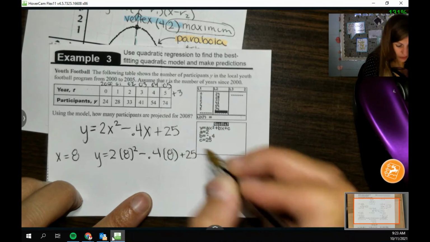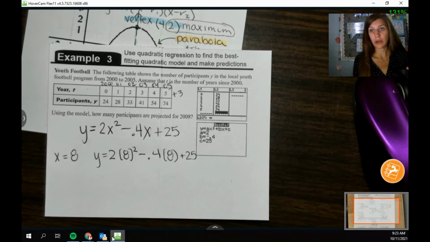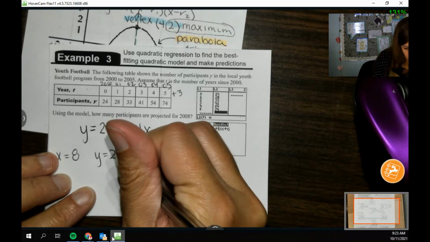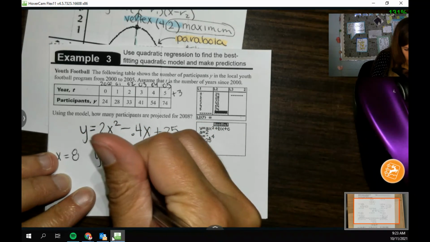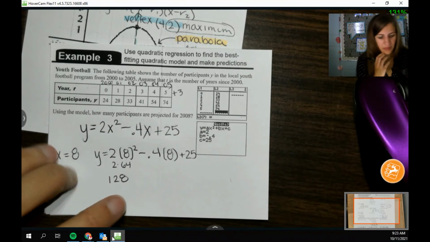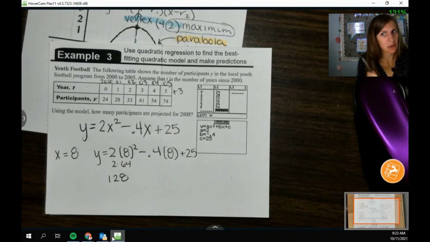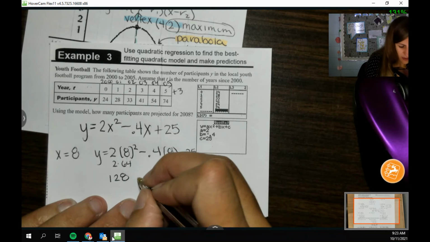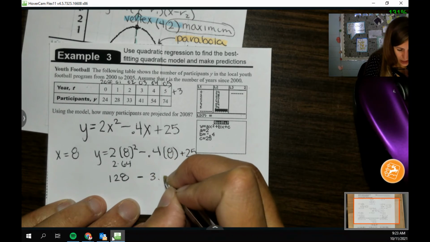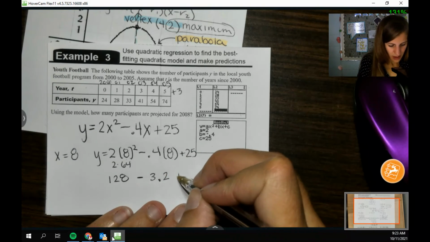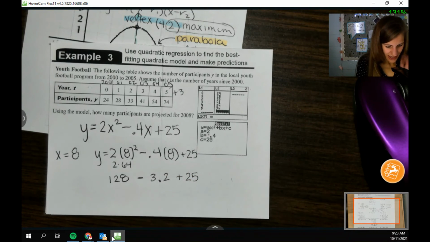Oh my gosh, that decimal's freaking me out already. Okay, so we're going to follow a really good order of operations here. I do 8 squared, which is 64, times 2, so 128. This 0.4 times 8 is going to be 3.2, because it's really like 32, and then move the decimal once. So minus 3.2, right? That's how that works, I think. And then plus 25.